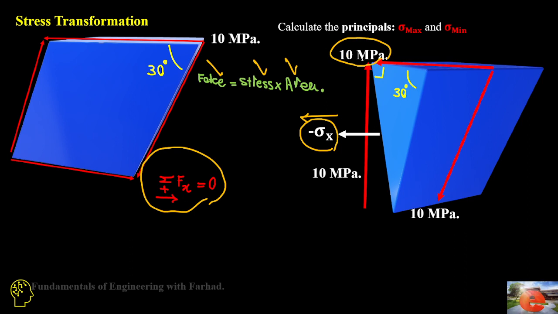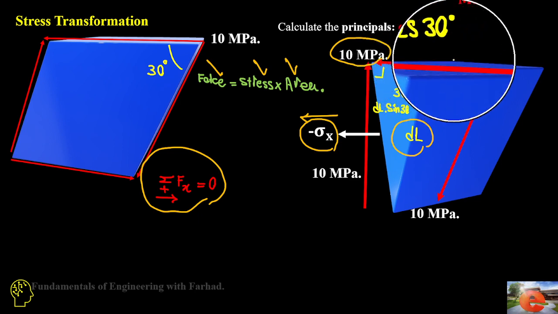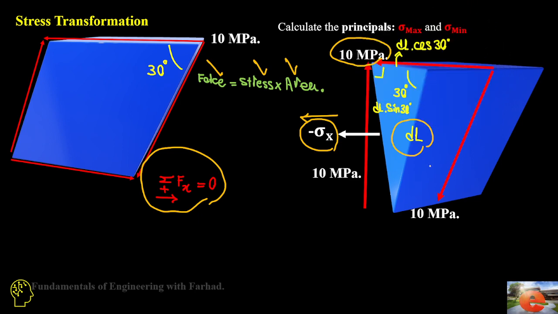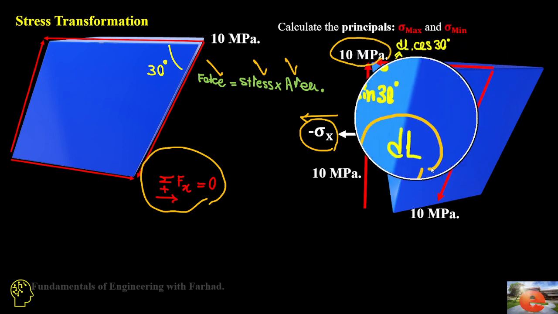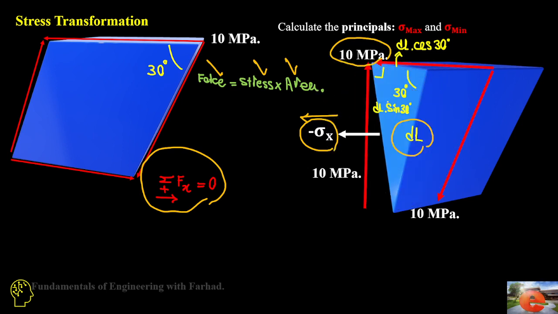So if we multiply the area by the stress, either shear or normal, we can get the forces. Let's call the length of this tilted line dl. We can project it on the x-axis as dl cosine of 30 degrees, which is the length at the top. If we translate the hypotenuse to the y-axis, that's dl sine of 30 degrees.